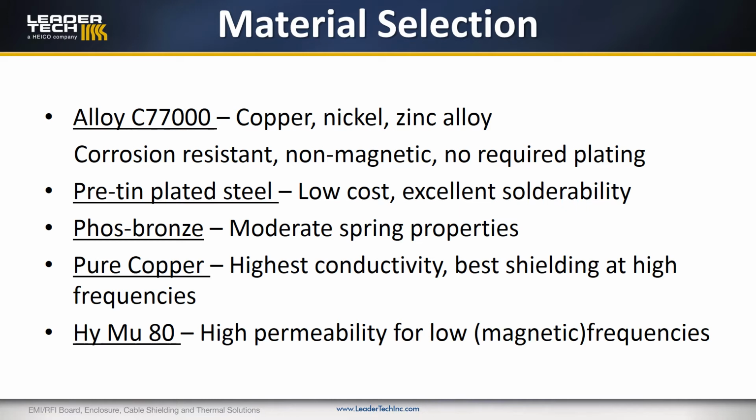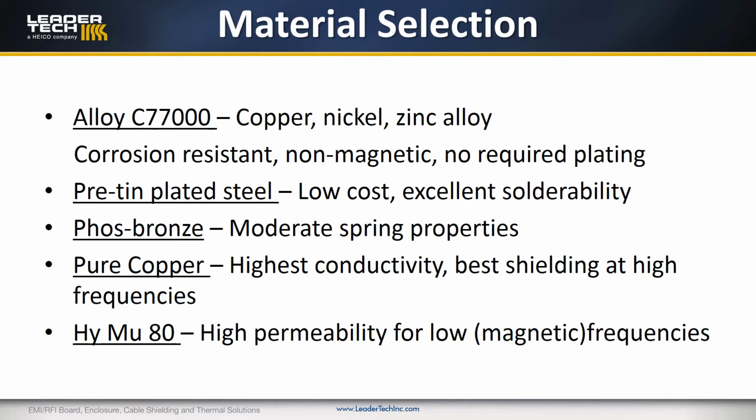So when you cut that metal to make a shape, you're exposing the bare edges of the steel, and they can be subject to corrosion. That being said, the vast majority of our products are made with this pre-tin plated steel, and it works for most applications.